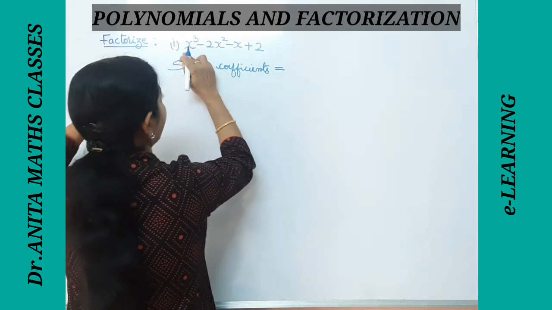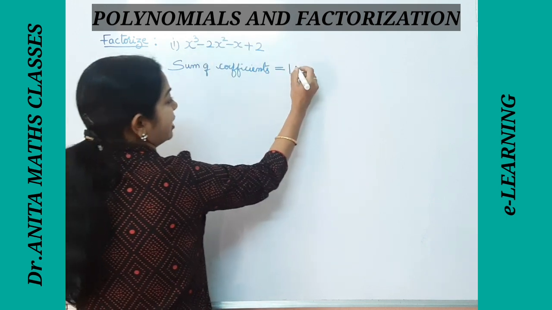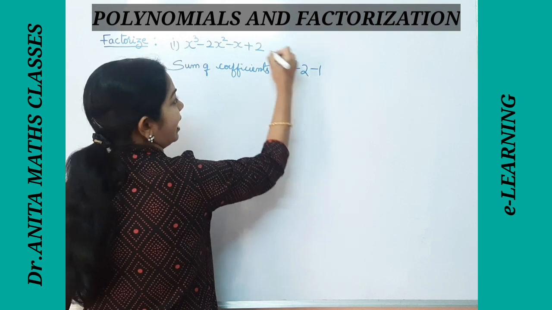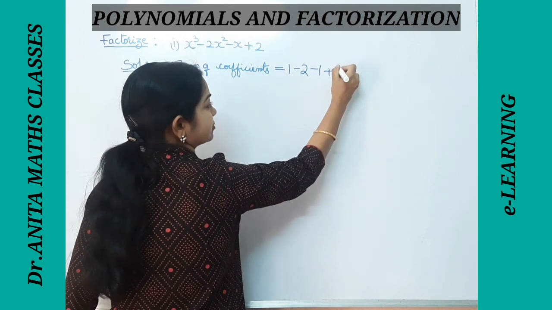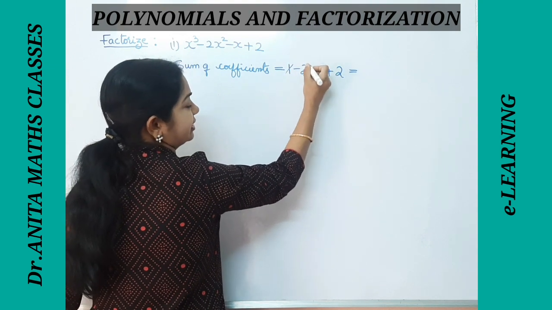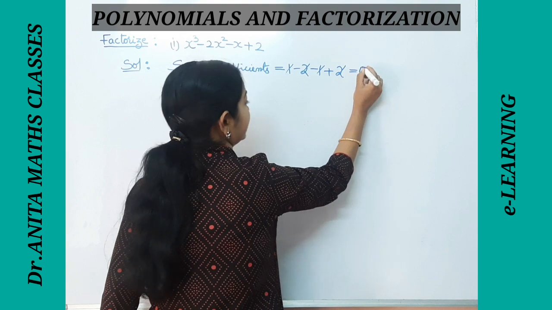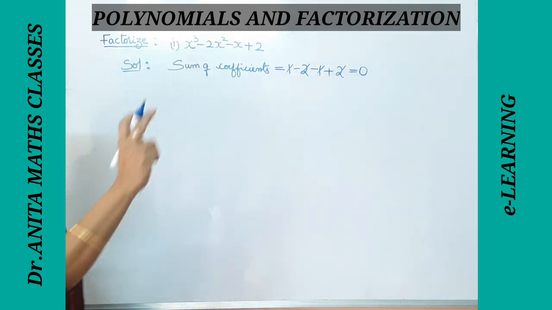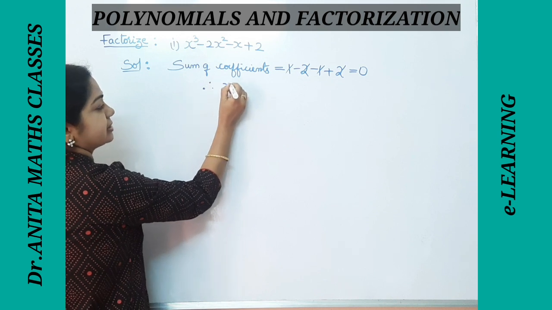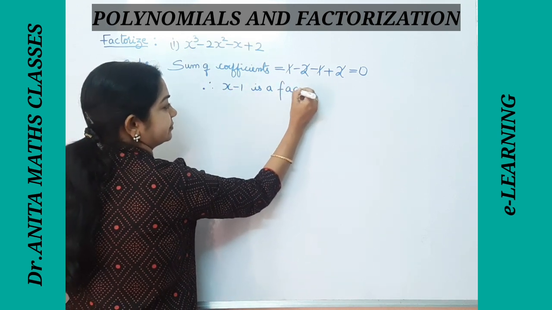Now, here the x cube coefficient is 1 and the x square coefficient is minus 2, right? The x coefficient is minus 1 and the constant is plus 2. So, this is clearly plus 1 minus 1 we can cancel, minus 2 plus 2 we can cancel. So, that comes to 0. If the sum of the coefficients is equal to 0, then we say that therefore, x minus 1 is a factor.